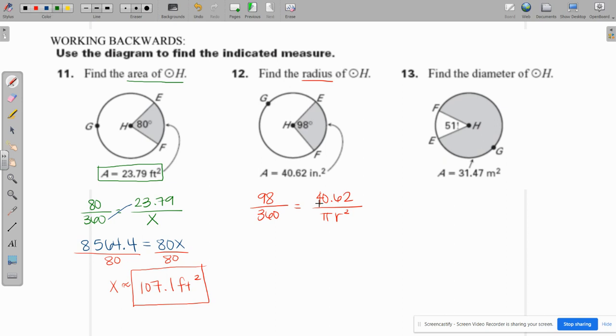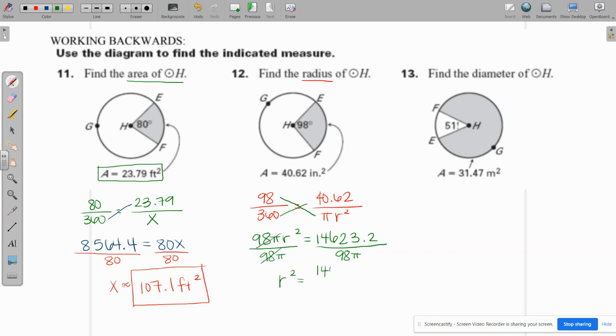So when we start to solve this, we do 98 times pi r squared equals the other cross product, which is 360 times 40.62, and that's 14,623.2. Then I want to divide both sides by 98 pi, which is going to isolate r squared.